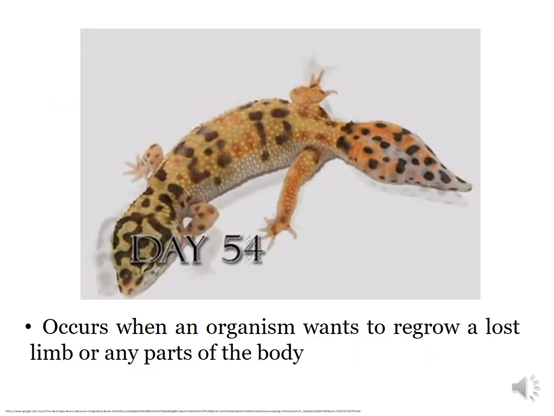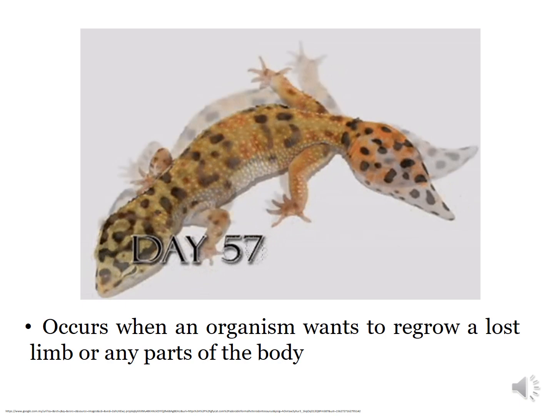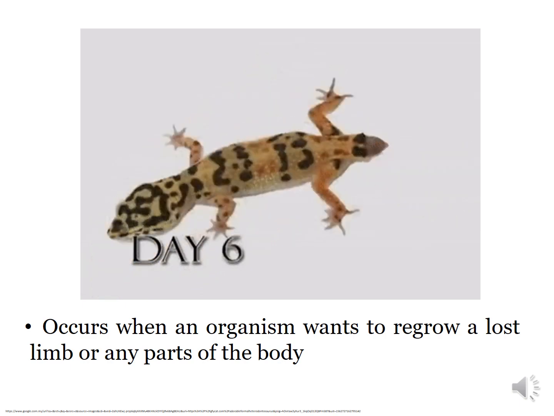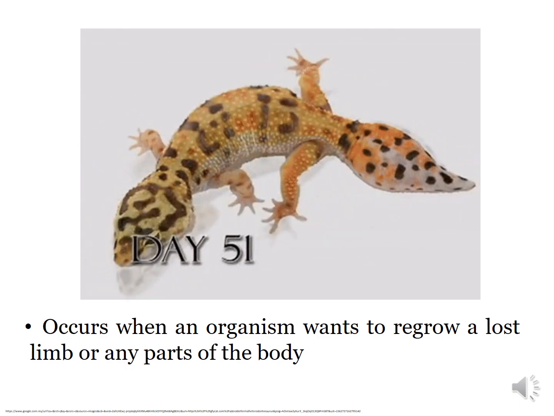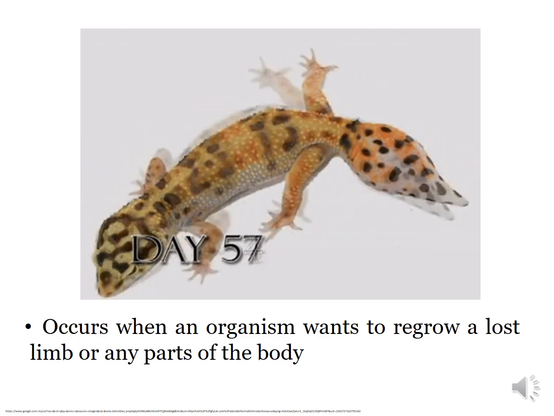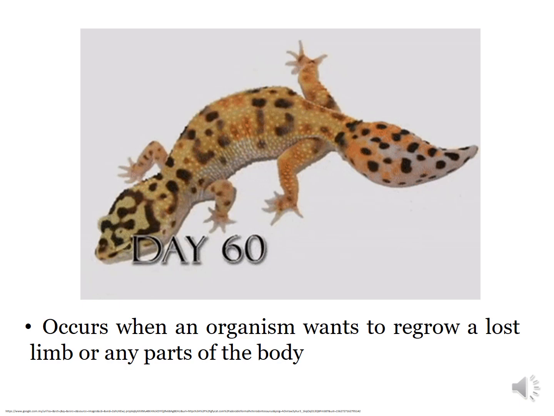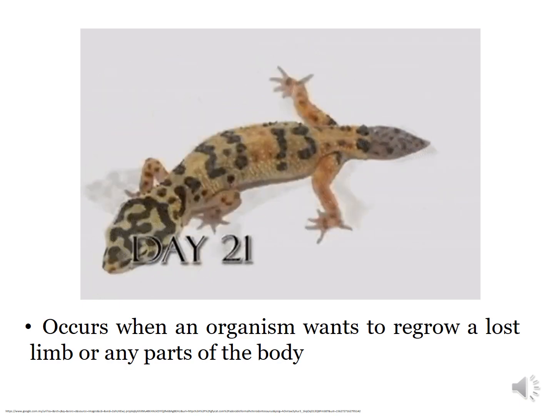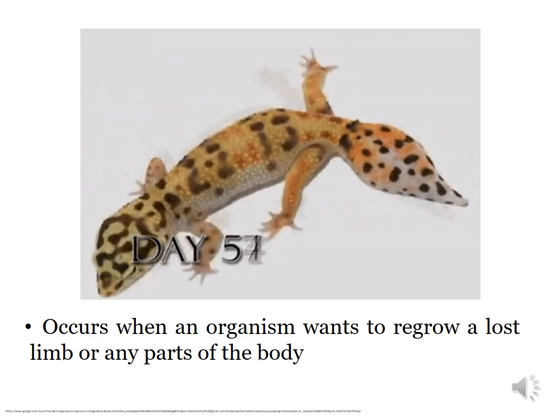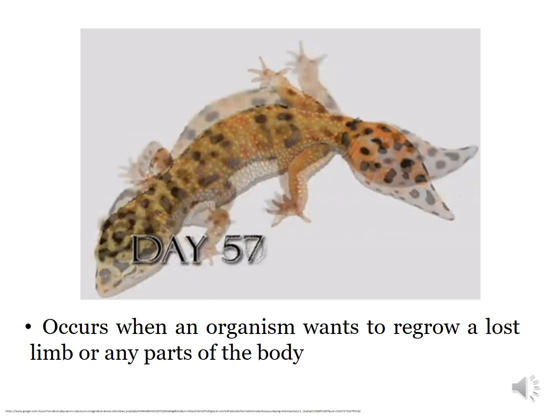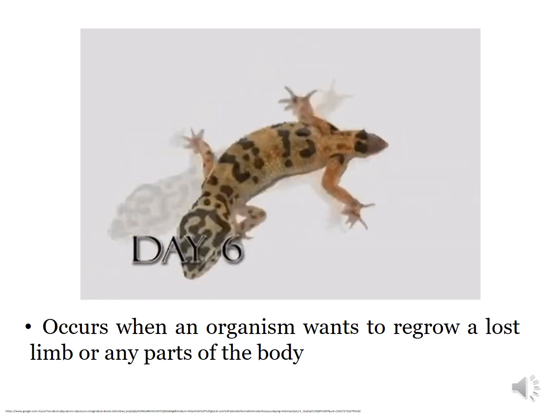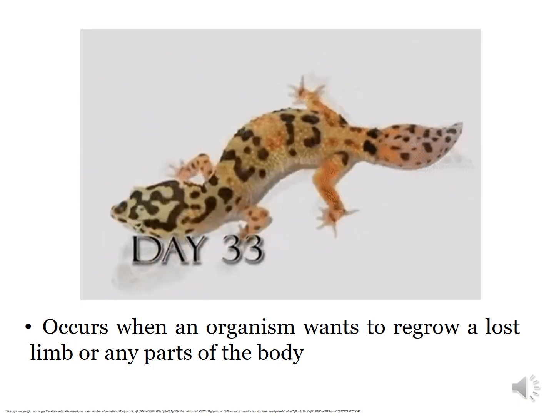Another common example is lizard. Have you ever tried to catch a lizard and all you get is its tail? Or maybe not trying to catch them, but maybe you found only its tail. It's actually part of their self-defense mechanism to distract their predators, and it is possible because of this regeneration.